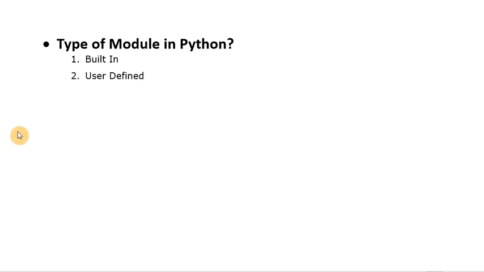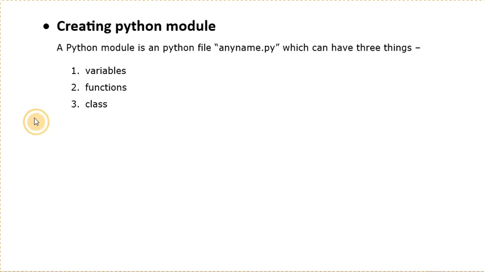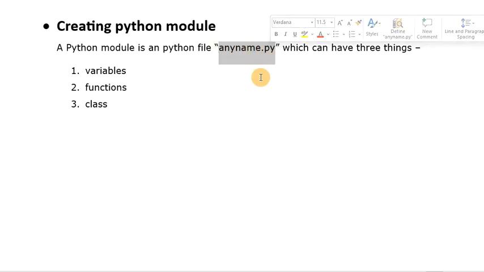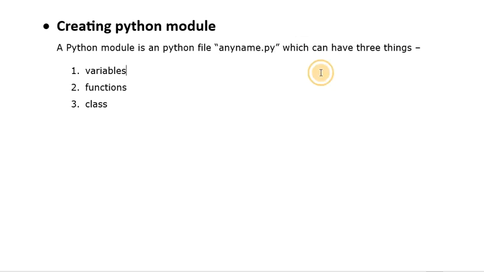Now let's see how we can create the module. The next point is creating a Python module. How can we do that? You can see here a Python module is a Python file. There is nothing more to worry about. It is simply a Python file with any name, and in that file we can have three things.